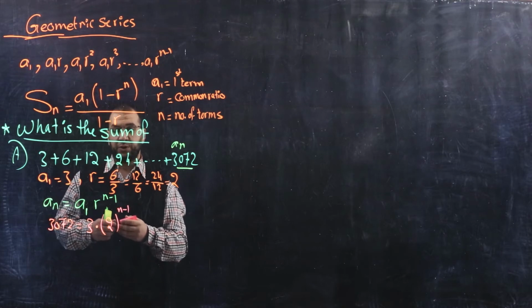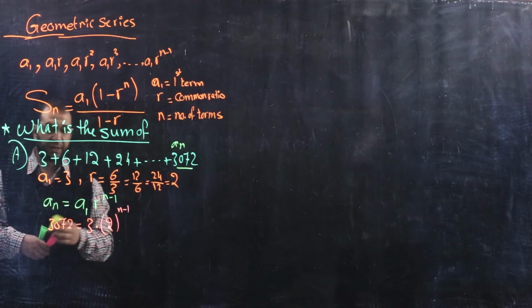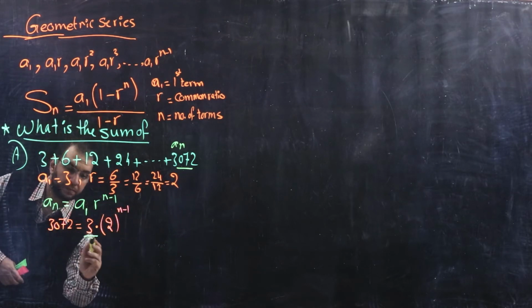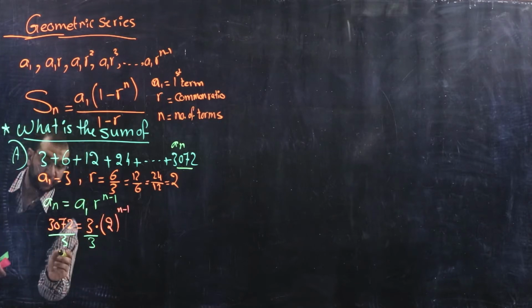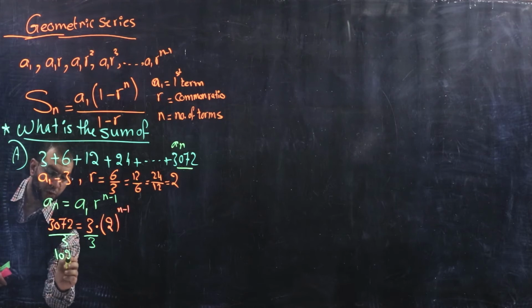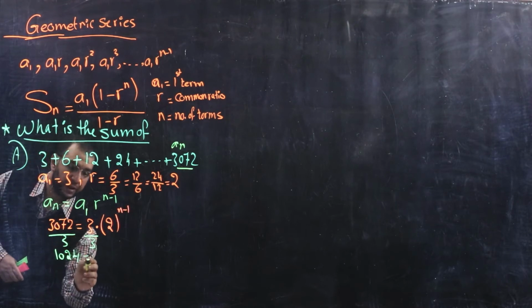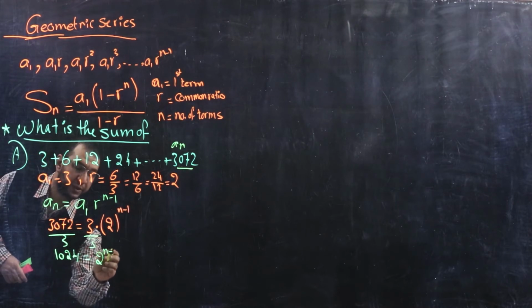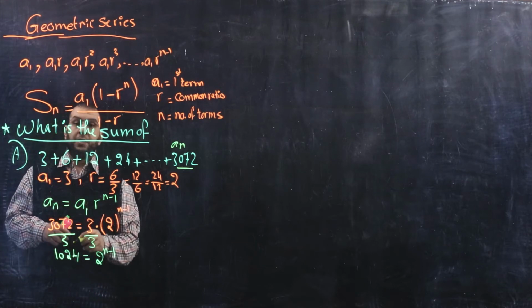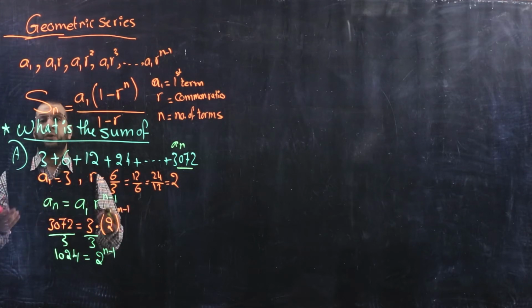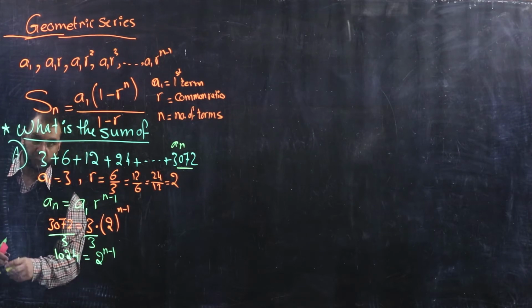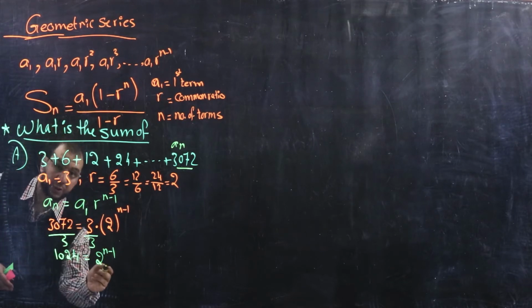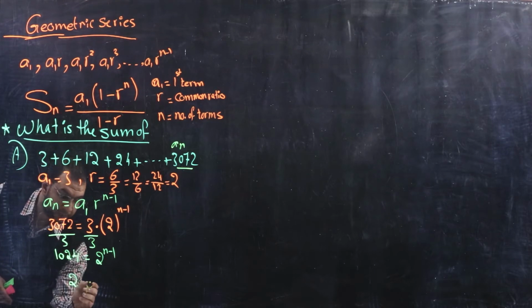As in a normal equation, we divide by 3, and here also we divide by 3. Dividing this by 3 will give me 1024 equals 2 to exponent n minus 1. Here we have an exponential equation, so I need to write 1024 as a number with base 2.